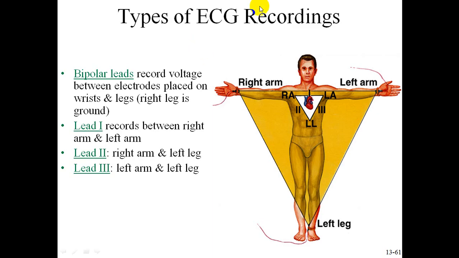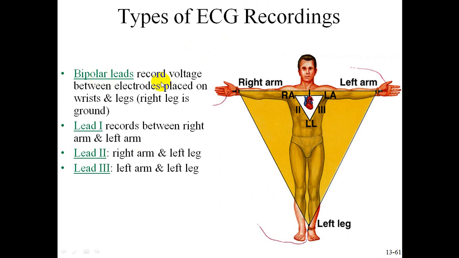These are the limb leads, by Einthoven's triangle. The right leg has a sensor like a ground, neutral, not recording any electrical activity.